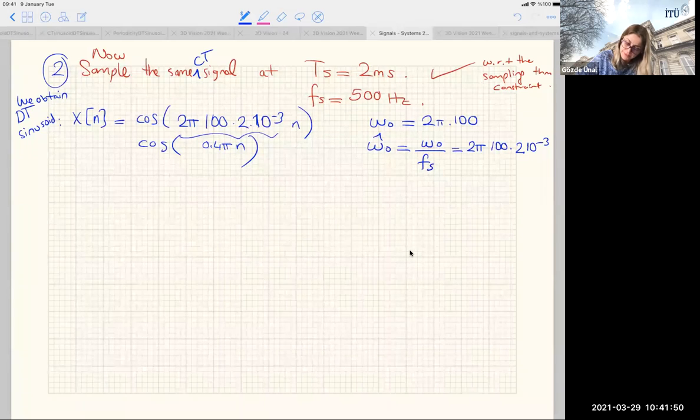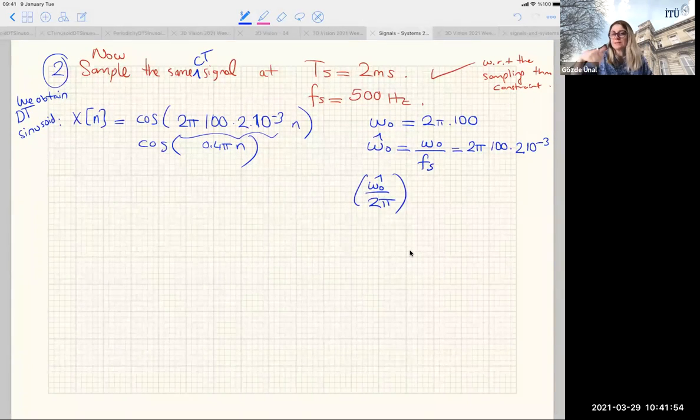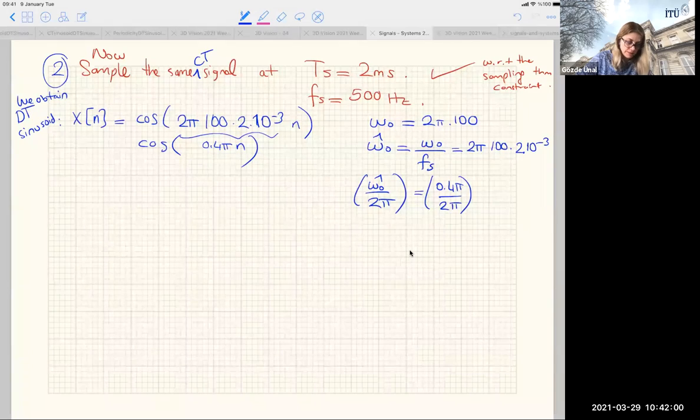Okay. So I need to check, remember, whether this is a rational number, 0.4 pi over 2 pi, right? Is this k over N? I think I can pick N equals 5 in this case. I pick the smallest possible capital N here.